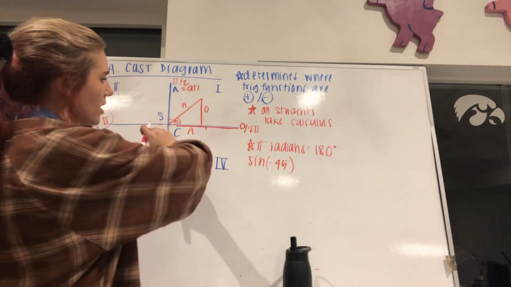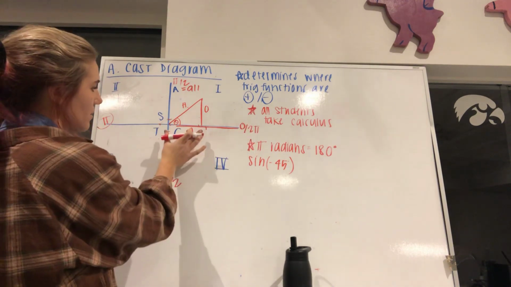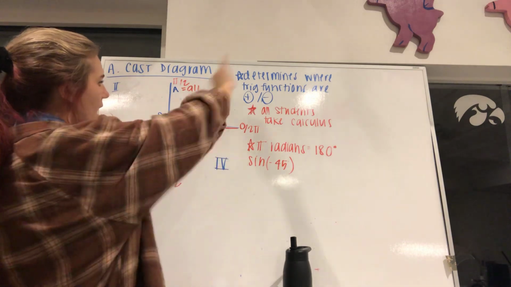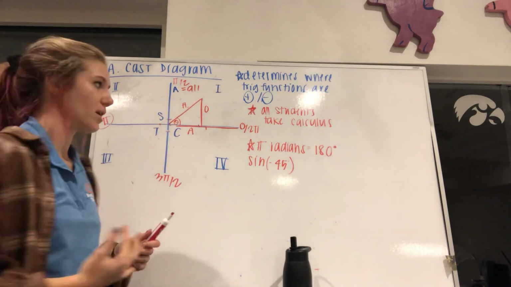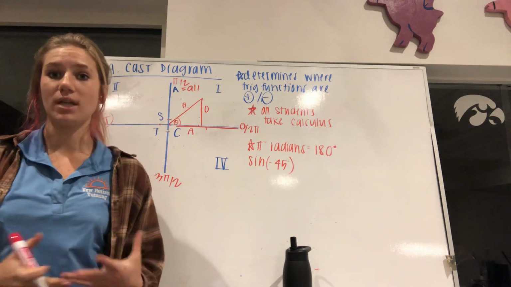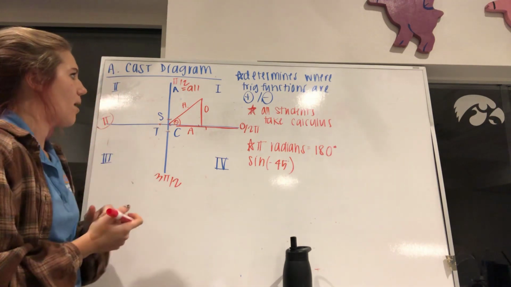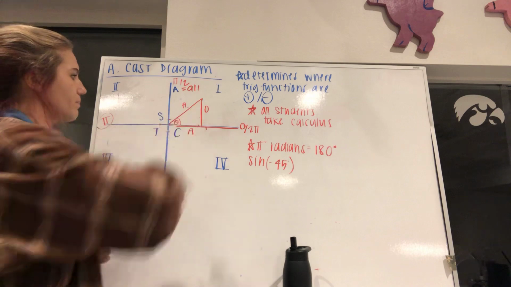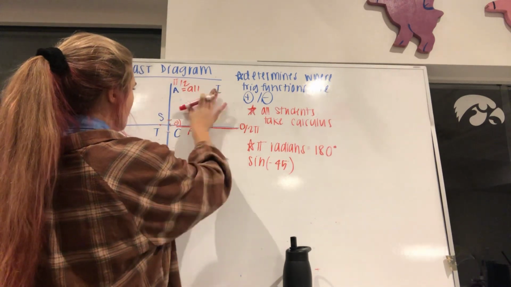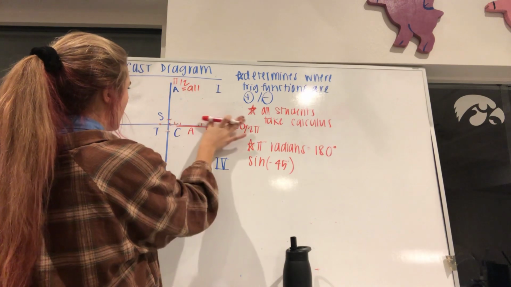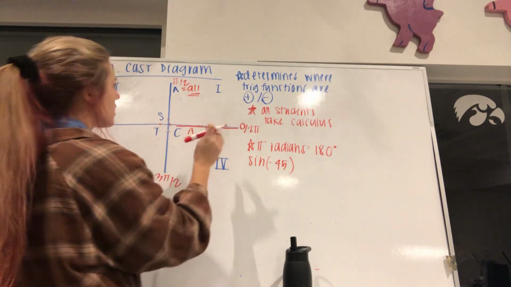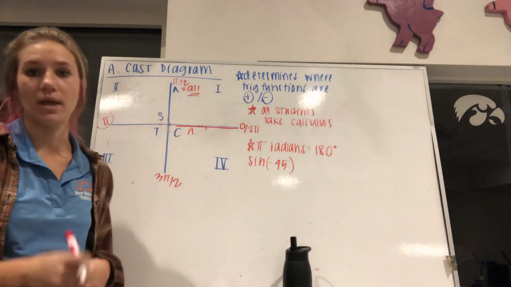Since we're moving along the positive x-axis, A is going to be positive as well. And since both O and A are positive, H, the hypotenuse, is also positive. So no matter what you divide by what, it's always going to turn out to be positive when they're in the first quadrant. Okay, so that is the explanation behind that. Again, the biggest takeaway is that all trig functions drawn in the first quadrant are going to be positive.